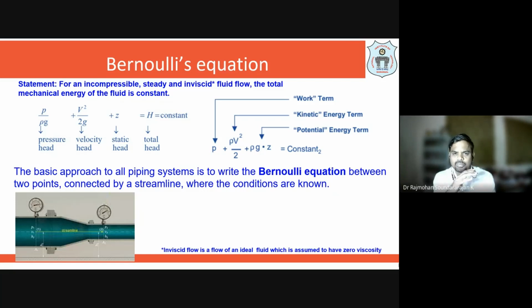If I express pressure in terms of pressure head, pressure head is equal to P by rho g, that is, the pressure divided by density times acceleration due to gravity. So we can say pressure head plus velocity head plus static head is equal to total head, and that is going to be constant. That's what Bernoulli's equation states.